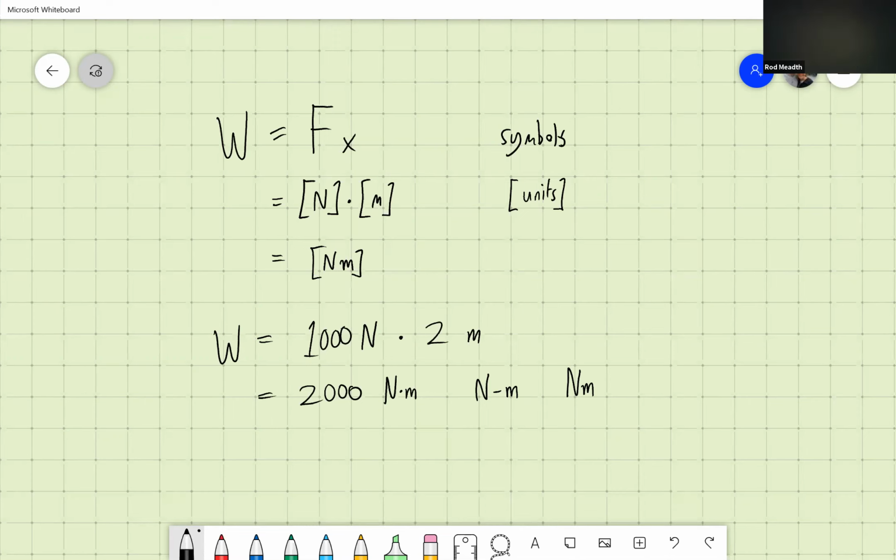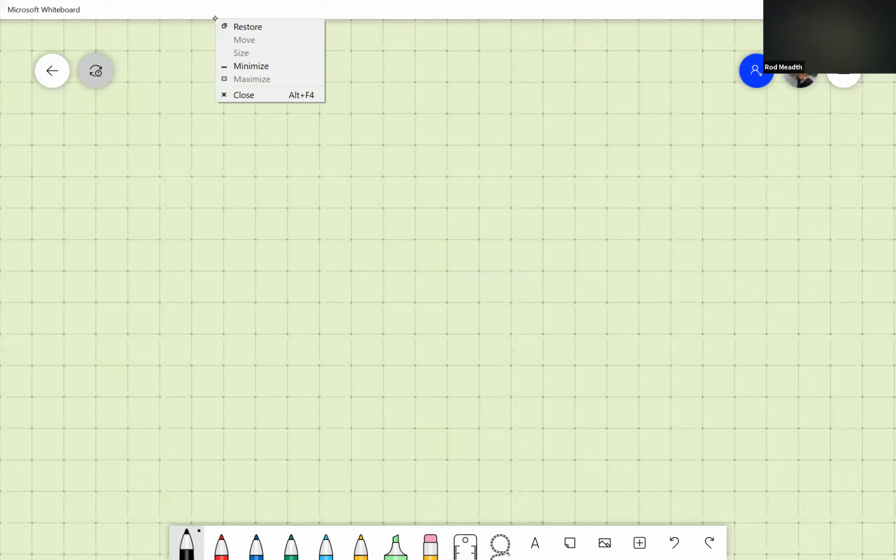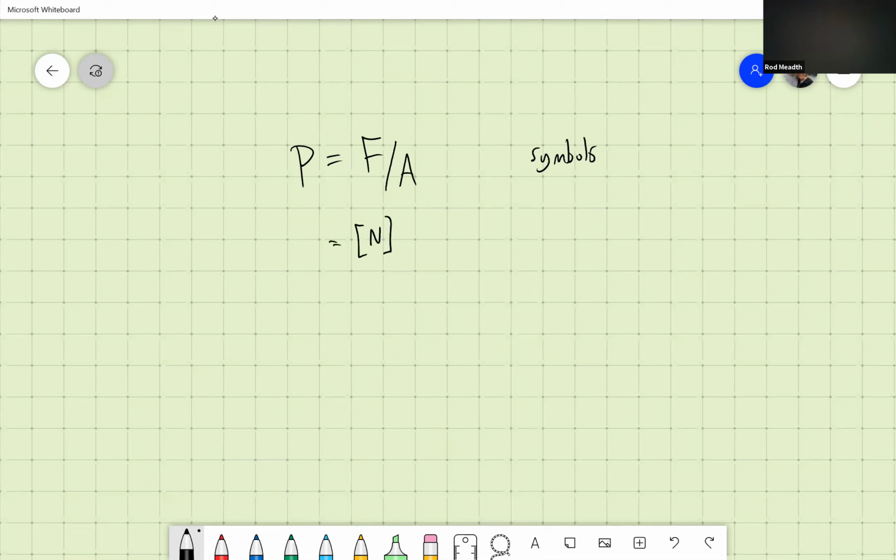One more example. Pressure is force divided by area. Again, these are all symbols of things that may be measured. Force is measured in newtons, and area is measured in square meters. Therefore, the ultimate units for pressure are newtons per square meter.